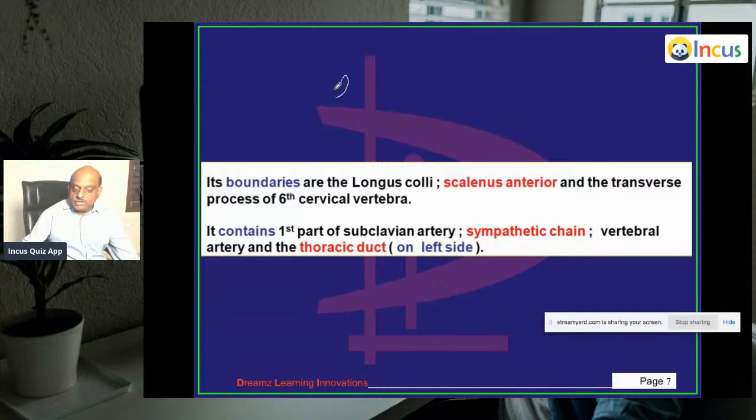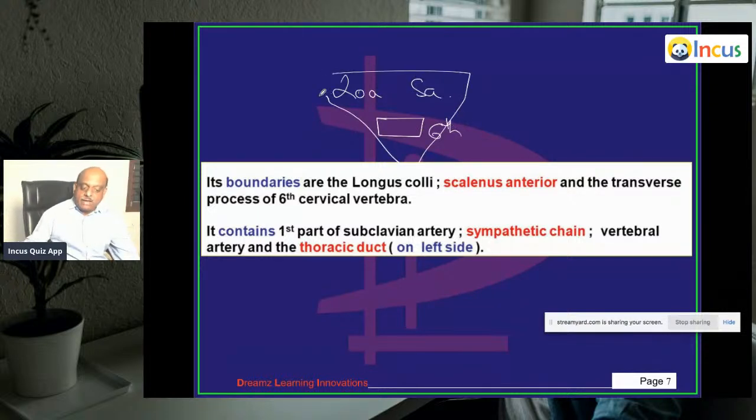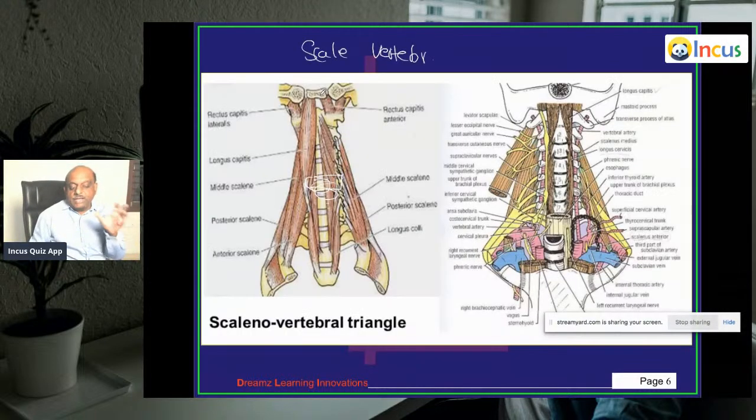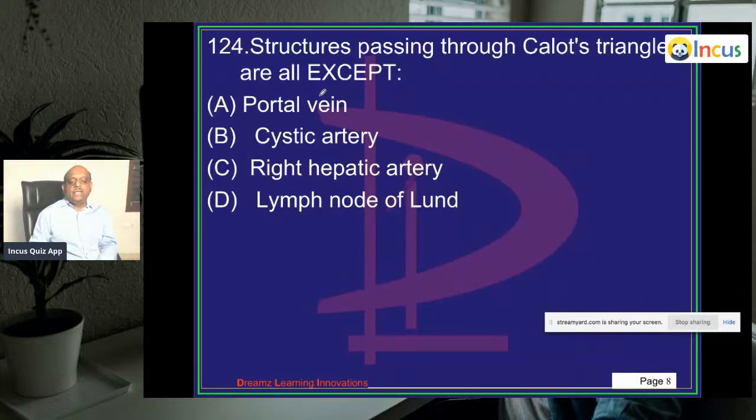So longus colli, scalenus anterior, transverse process of the 6th cervical vertebra, that forms a triangle, and it contains first part of subclavian, sympathetic chain, the vertebral artery, thoracic duct on the left side. So these are the contents of the scaleniovertebral triangle is what you need to remember.